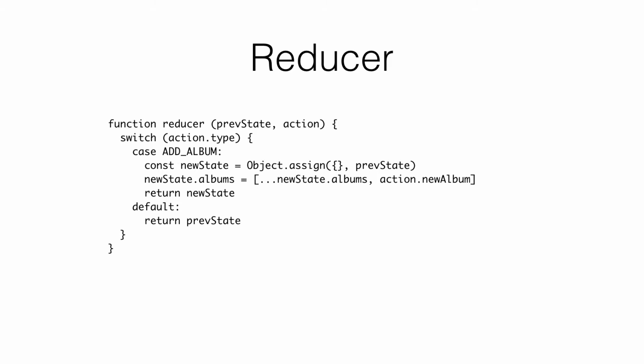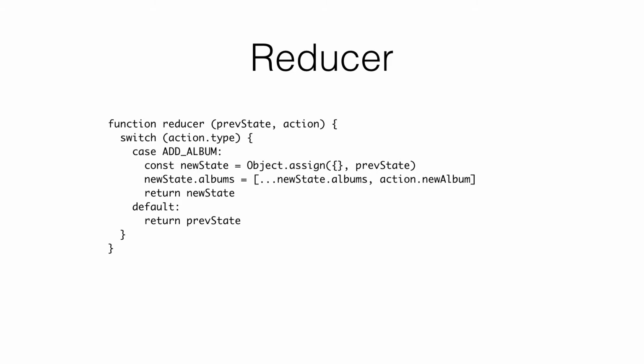And if we got an add album action, then we're going to copy the previous state so we don't change it. Remember that we cannot change states after they've been created. And then for this new state, we will set its albums to be all of the previous state's albums. This should probably say previous state, but they're the same at this point.